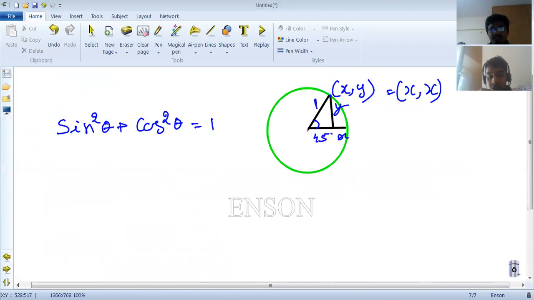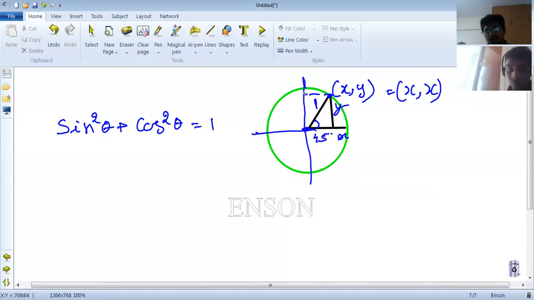See, this is in the first quadrant, and this makes 45 degrees equally. Here this length is equal to this length, correct or wrong? Yes.